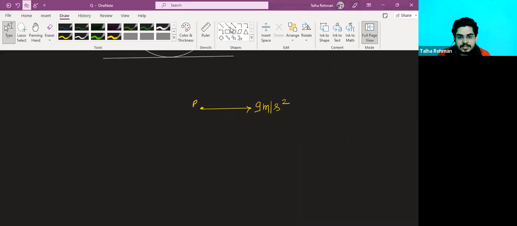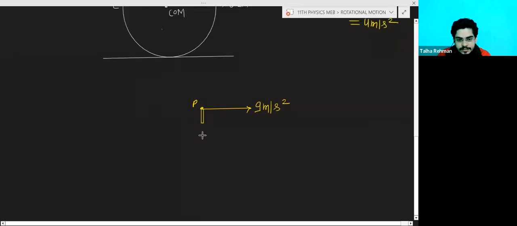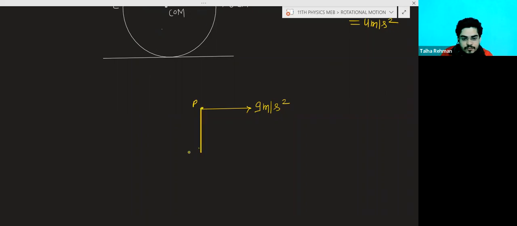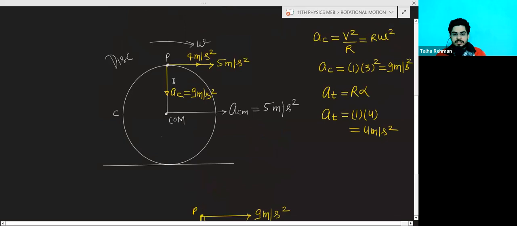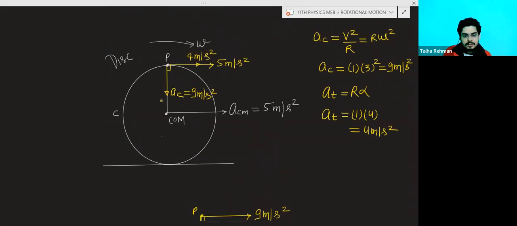Now in the central direction, in this direction, the acceleration is 9 again. And what is the angle? This angle will be 90 degrees, because this direction is tangential direction and this is radial direction.